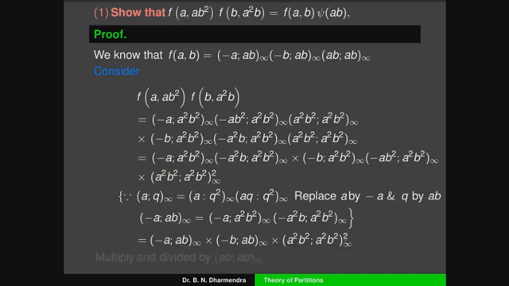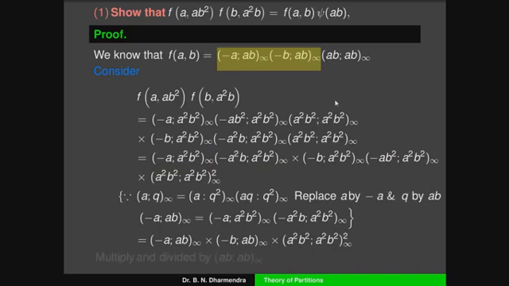Okay. When I observe the terms in this step and compare, minus ab infinity, minus ab infinity, what is the missing term here? That is ab infinity, because we have to show that the right hand side is f of ab. So the missing term is ab infinity.